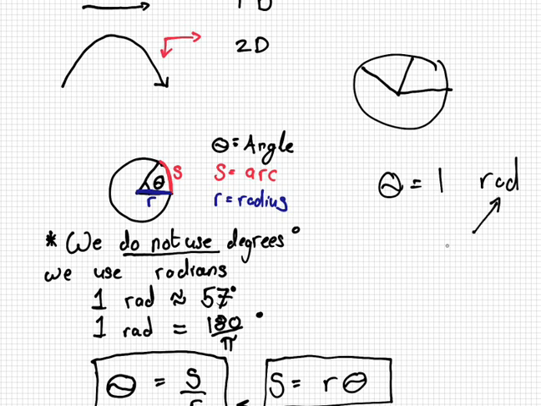So I sometimes say radians is a unit. And yeah, it is a unit, I suppose, but at the same time, it's not really a unit. But I think it's easy for students if we always say radians. So if I say theta equals 1, I really mean theta equals 1 radian. Okay? But it's not really necessary to say radian.